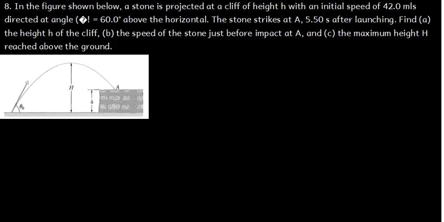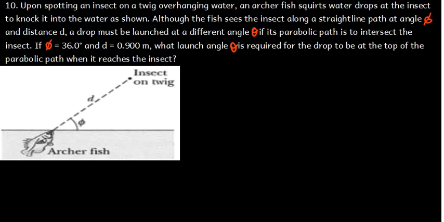So we also have question 8. Now let's see how we can answer question 8. So here's a question for you. Upon spotting an insect on a twig overhanging water, an archerfish squirts water drops at the insect to knock it into the water as shown below.